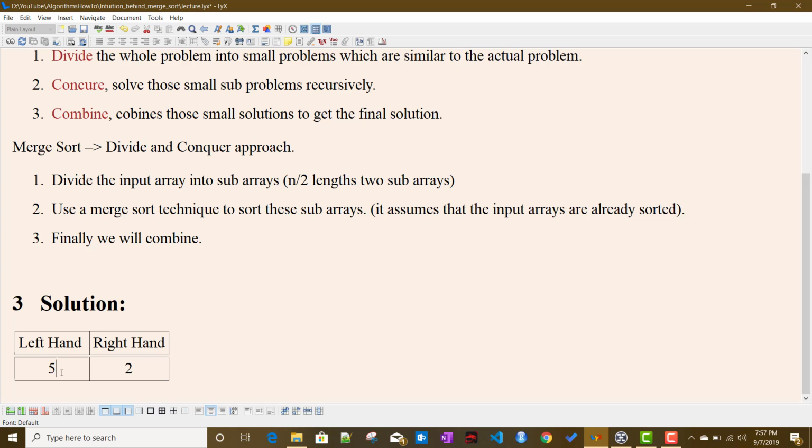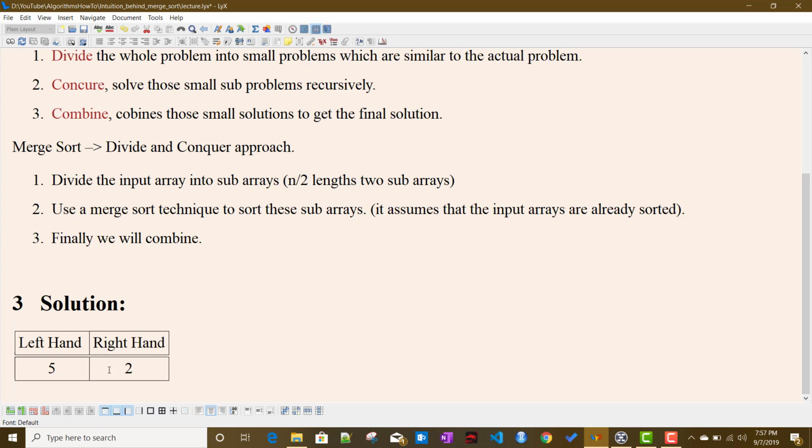Then again compare. It will be more clear when our array has more elements, which we will have when we merge them to create a bigger array. If one of our hands is exhausted, we write down all the other elements from the other hand.